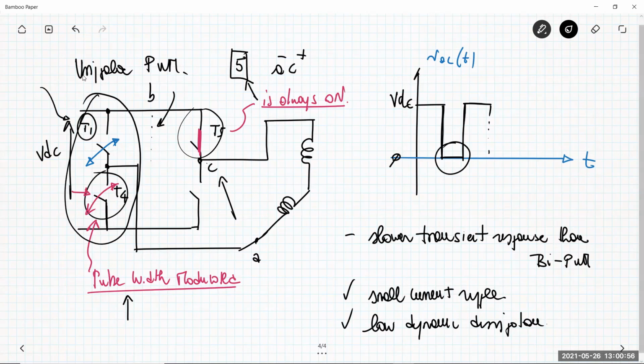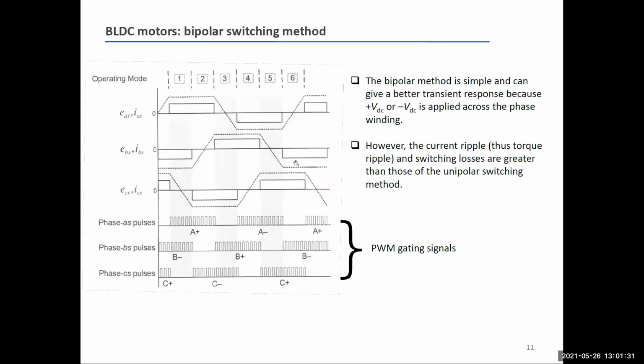Or you can divide the interval of operating mode 5 into two halves. In one half you can have this kind of situation, and in the second half you can reverse the operation. So there are a lot of different ways to face this problem. You get the same result, but with different switches that are activated. This is shown in the slide if you want to look at these different behaviors.